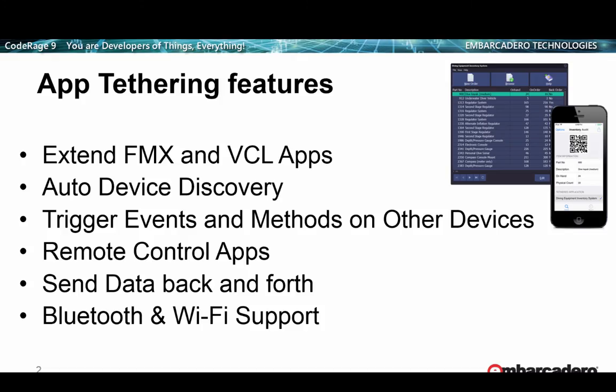You can easily extend your existing Windows VCL and FireMonkey apps to connected devices, sensors, data, and services using Application Tethering. You can use the C++ Builder XE7 runtime library App Tethering components, which give your applications the ability to interact with other applications running either on the same machine or on a remote machine.